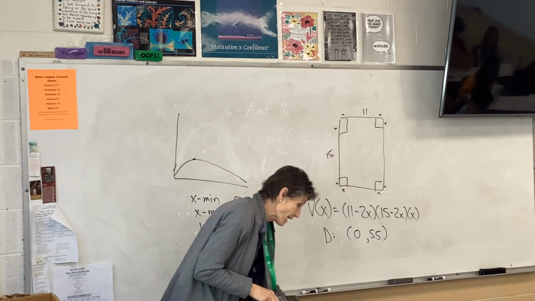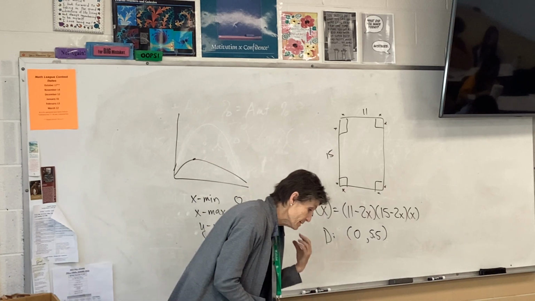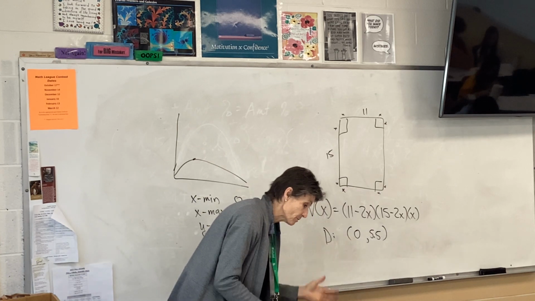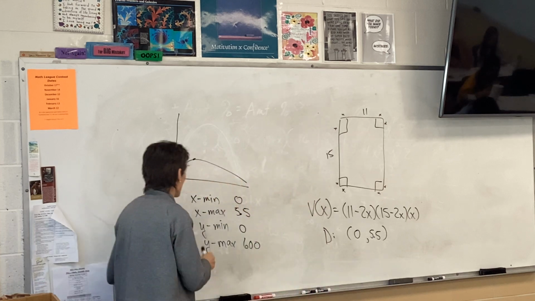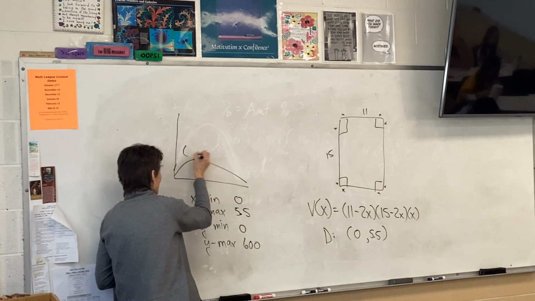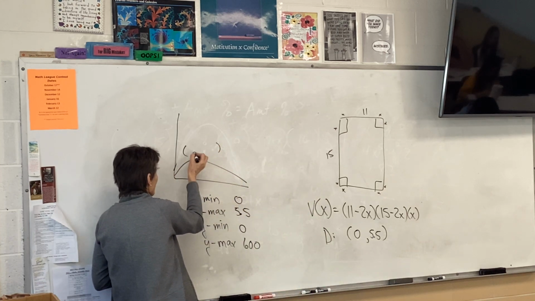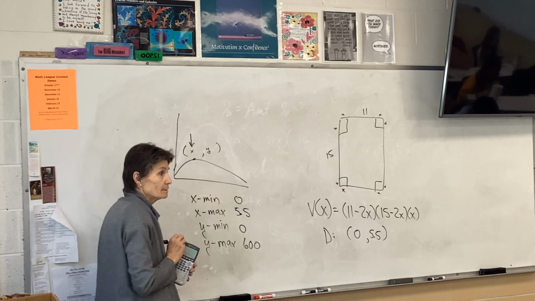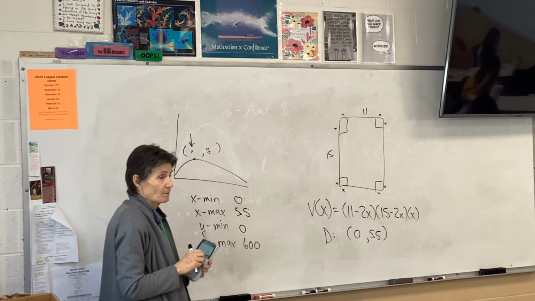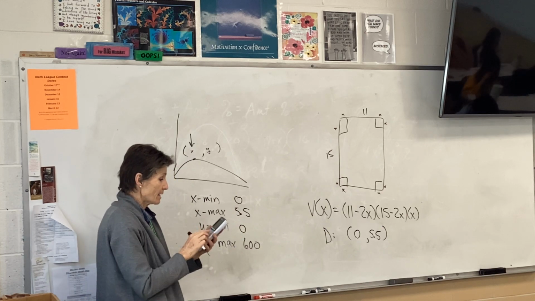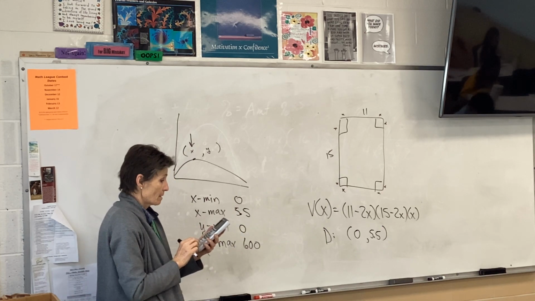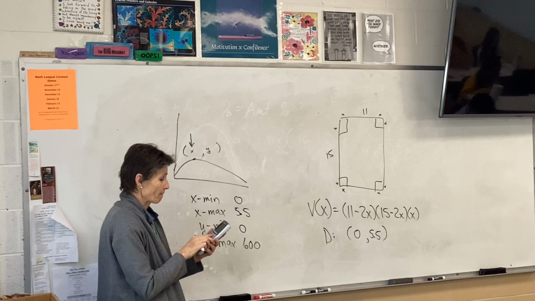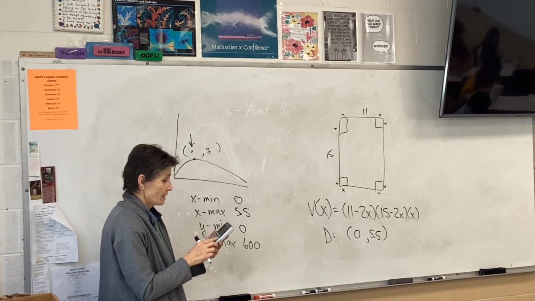All right, so that's part C done. Now, use your calculator to find the size of the notch. Find x. When I find this point, I'm gonna have an x and a y, and this is the one I want. It says find the notch. So, second calc, maximum. Everybody should be doing this.